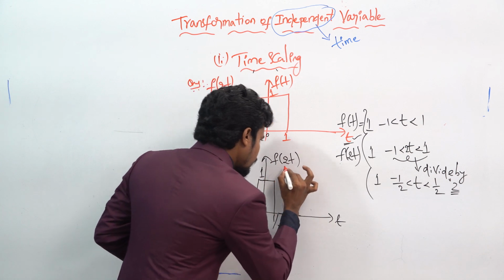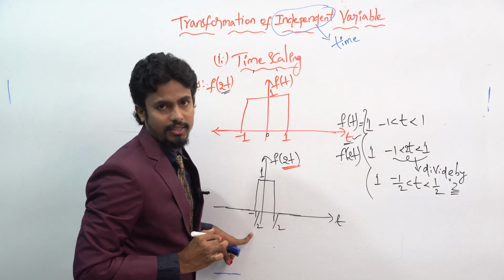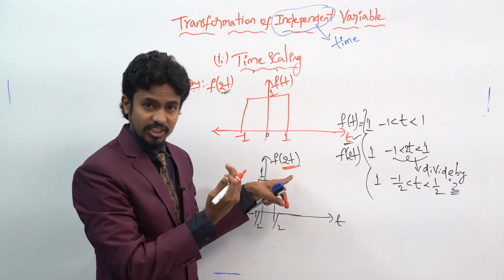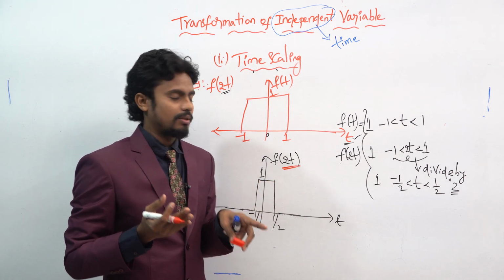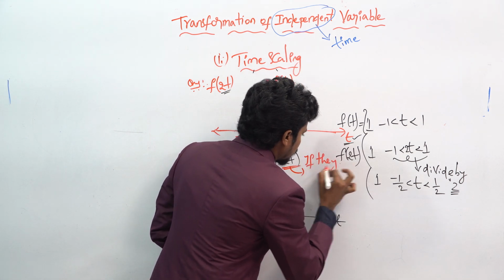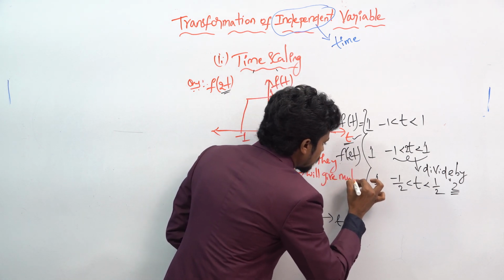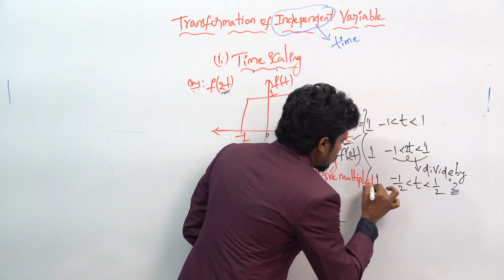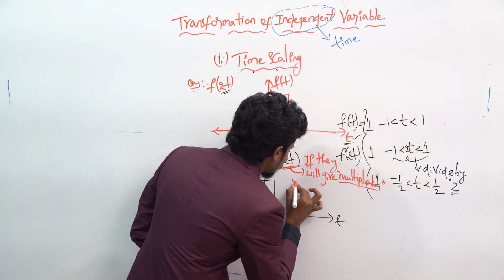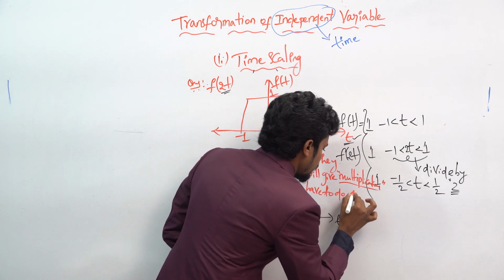Here, if they give multiplication, you have to do division. For example, if they give t by 2, that means division, so you have to do multiplication. So if they give multiplication, you have to do division.